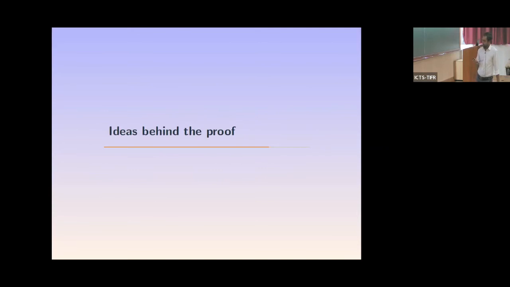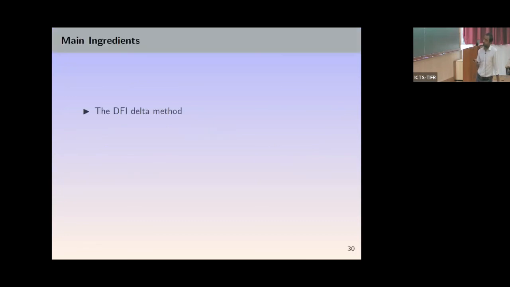In the coming 10 minutes, I will talk about some ideas about the proof. The main ingredients: the first step is to apply the DFI delta method, the Duke-Friedlander-Iwaniec delta method. Then we apply the conductor lowering trick, which was introduced by Munshi in many of his papers.